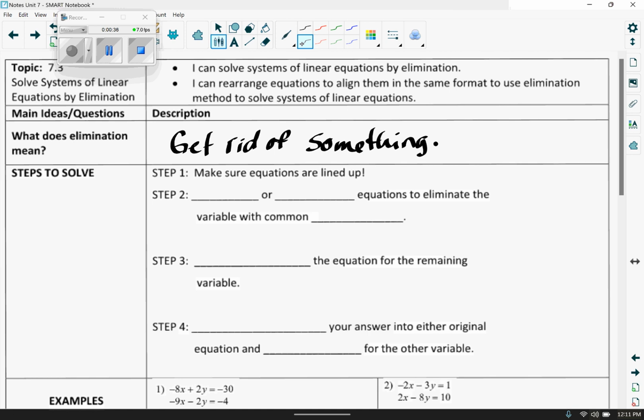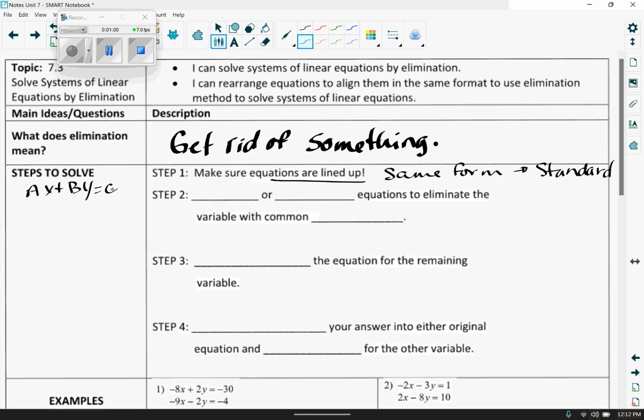First of all, we're going to make sure that the equations are lined up, preferably in the same form. And I use standard form. So I usually do ax plus by equals c. It doesn't have to be in that format, but that's kind of the standard. No pun intended.